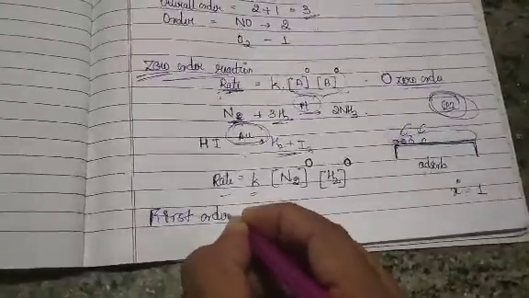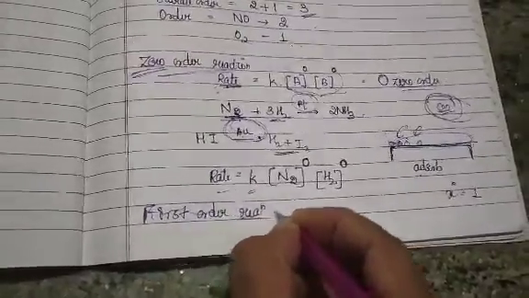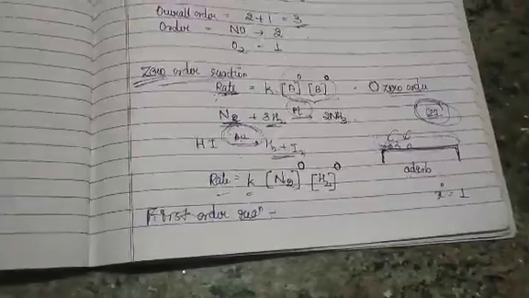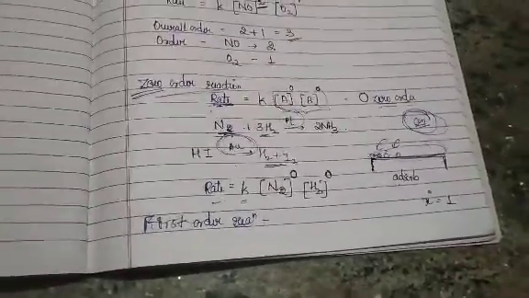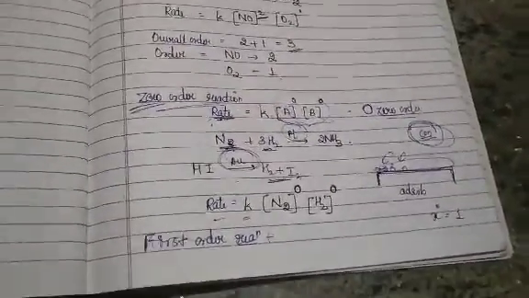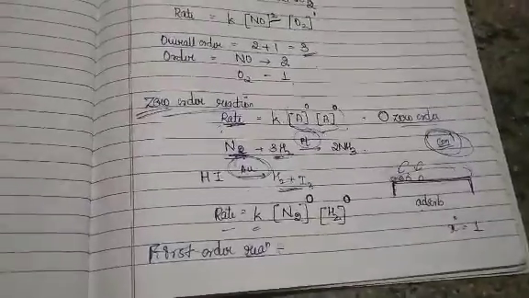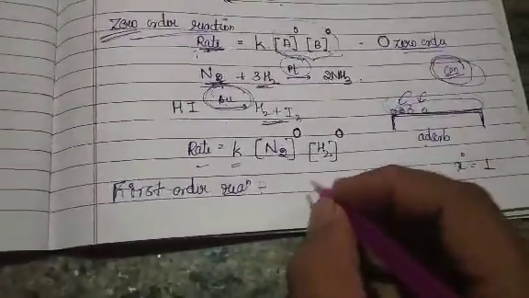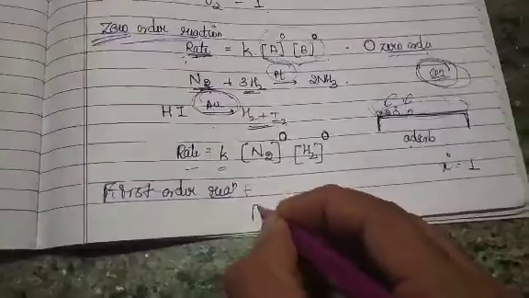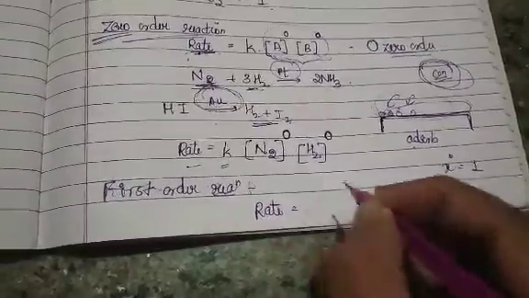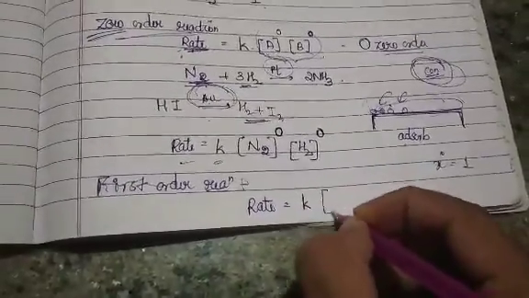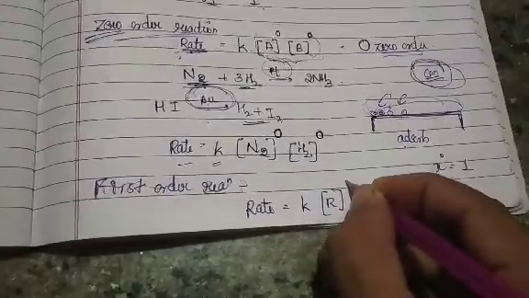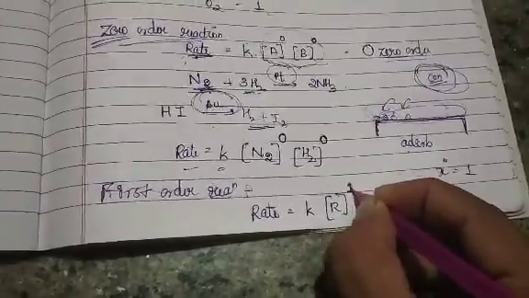First order reaction. Here the rate of a reaction is proportional to the first power of the molar concentration of the reactants. That means if I write its rate expression, rate will be equal to K times the reactant raised to the power of 1.